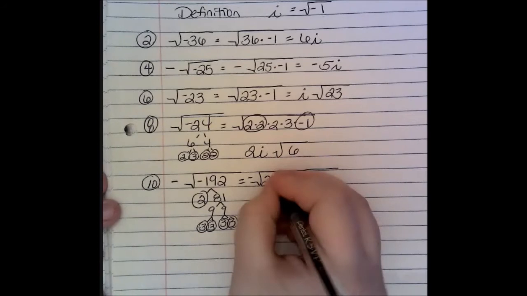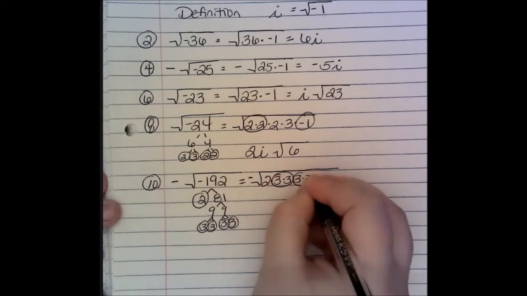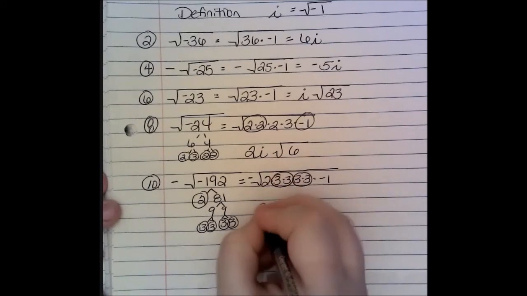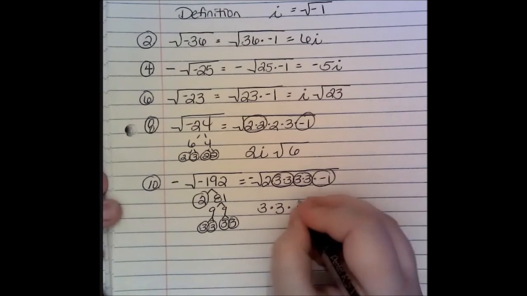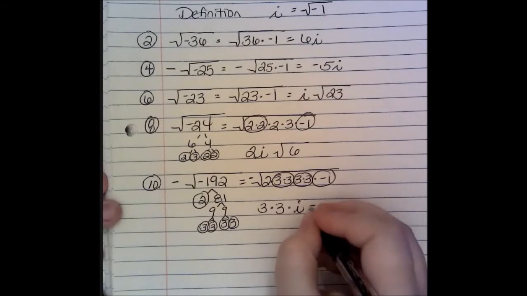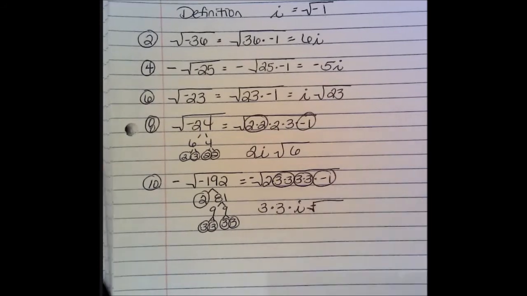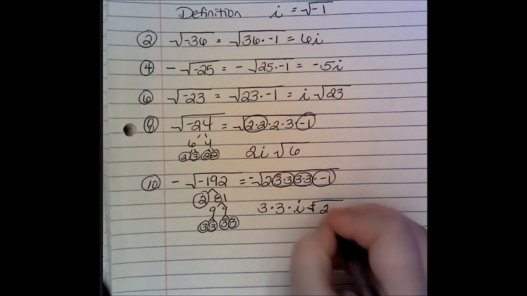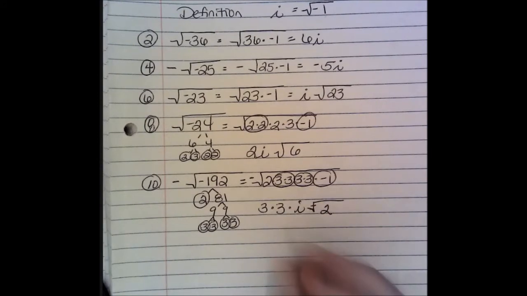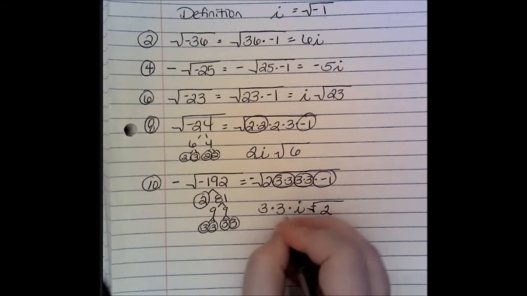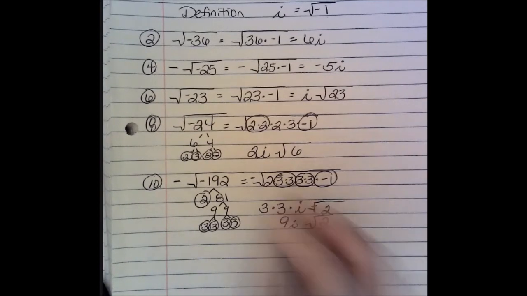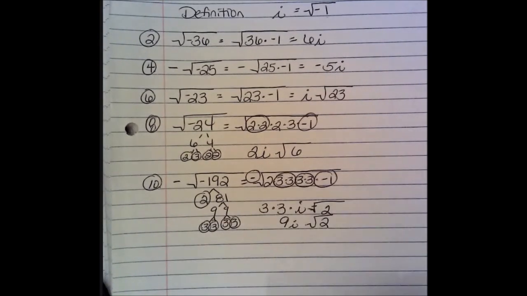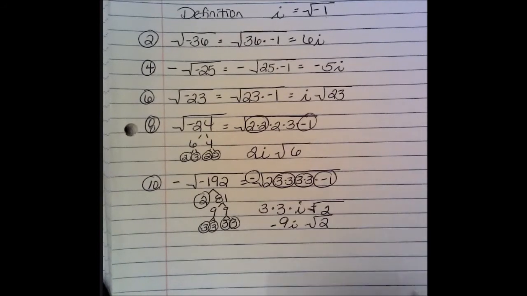We have two sets of 3's that are going to come out, and we're going to have this i come out. Sorry guys, I didn't mean to put that equal sign there. And then the 2 is left under the radical. So 3 times 3 is 9i times the square root of 2. And don't forget up here they asked us for the opposite. So that means our answer is negative 9i square root of 2.